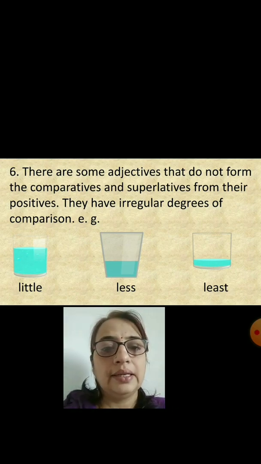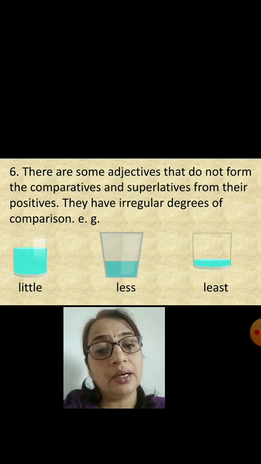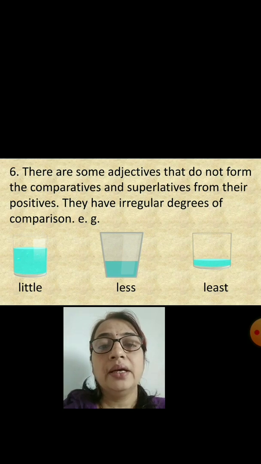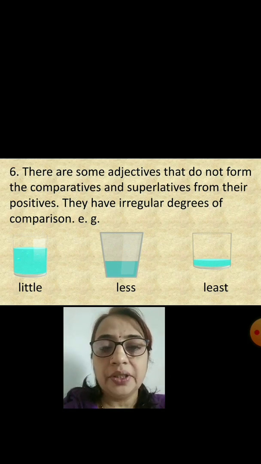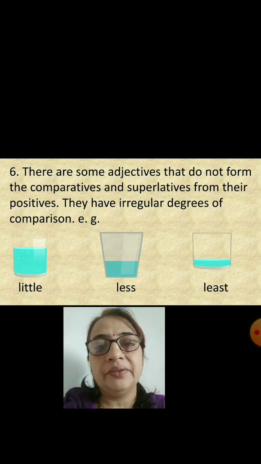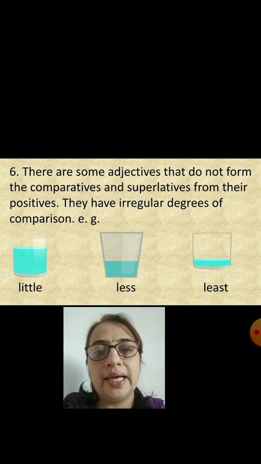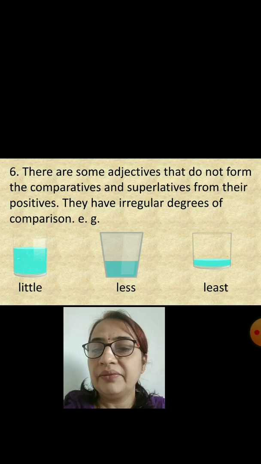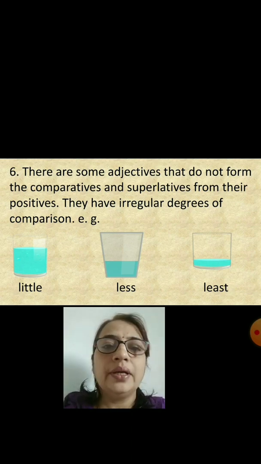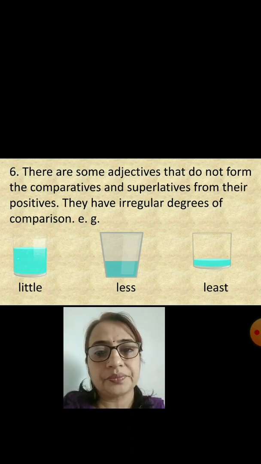So little, less, least, and there is least water in the glass. So here we got totally different comparative degree and superlative degree words. We have not formed them with the help of the positive word. We have not at all added er and est. They have irregular degrees of comparison.